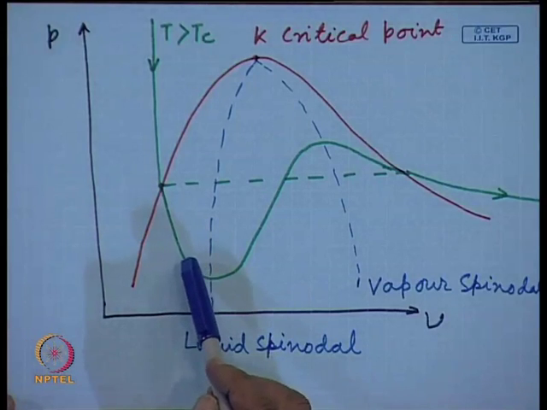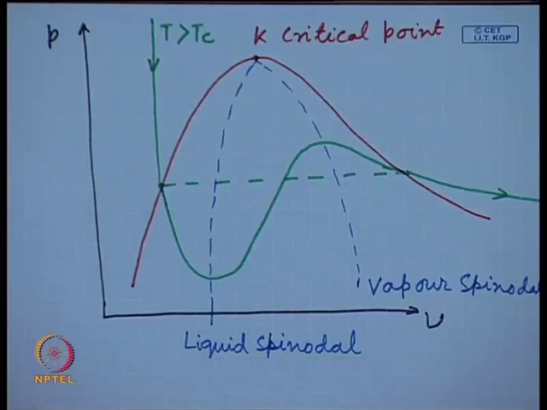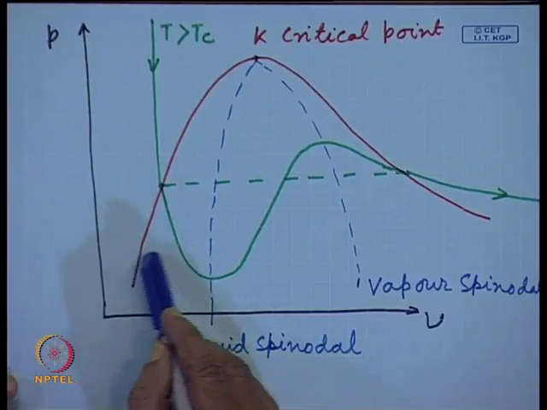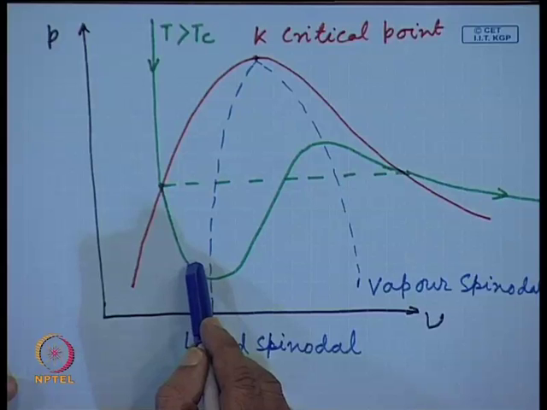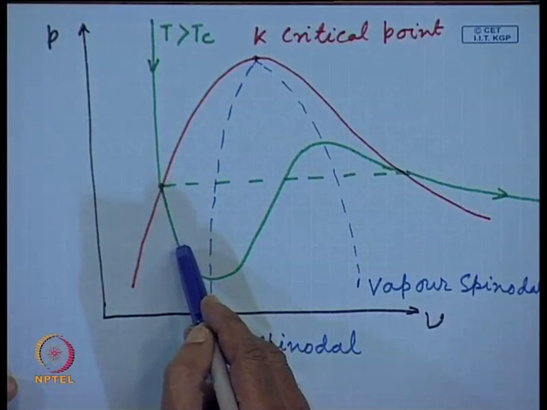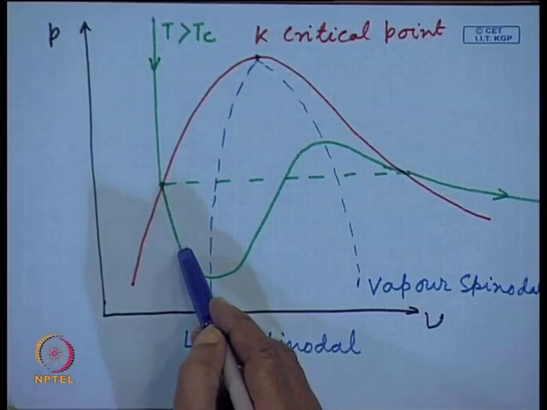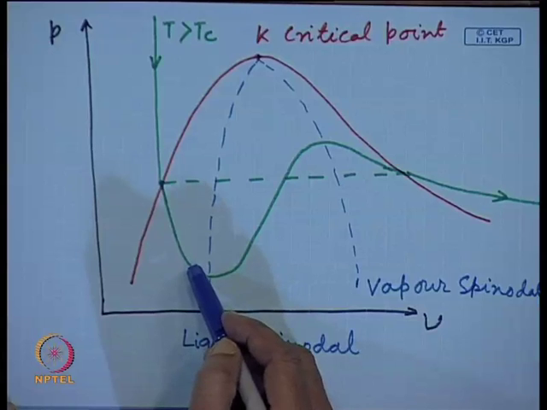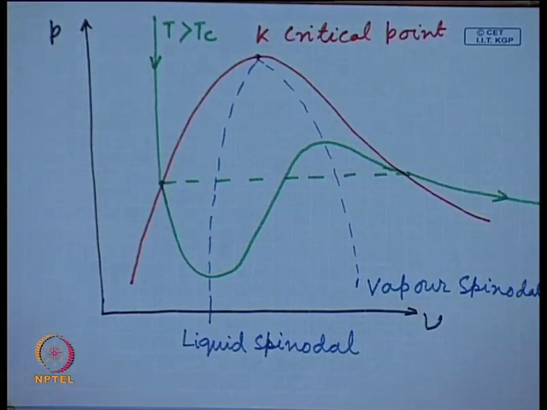So, what does it mean? That here it is gaining a certain amount of degree of superheat, because corresponding to this pressure the saturation temperature is lower, but it is remaining at a higher temperature.